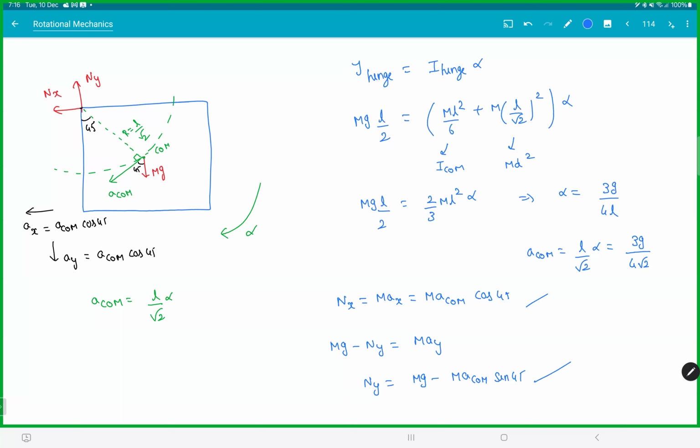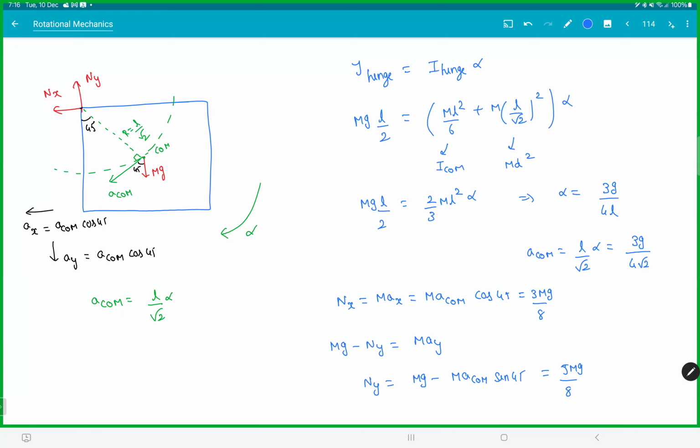Check. If you solve this, this would be 3g by 4 root 2. This will be 3mg by 8. This is 5mg by 8.